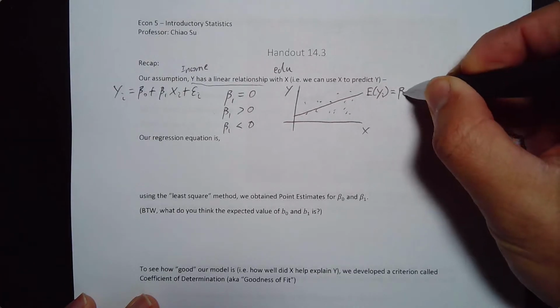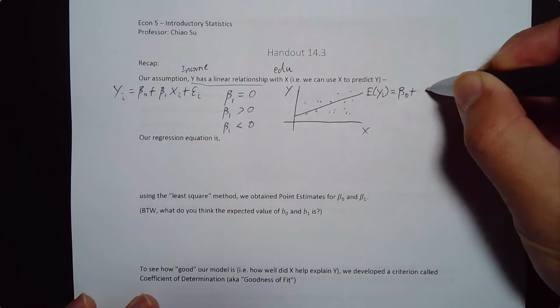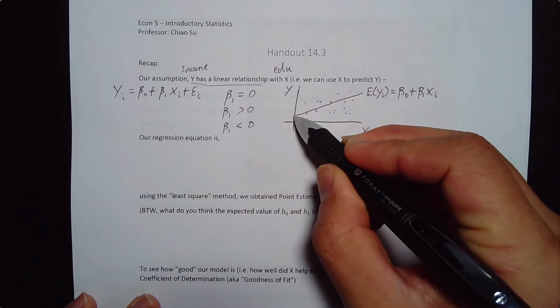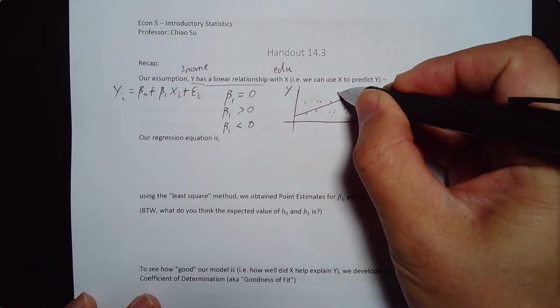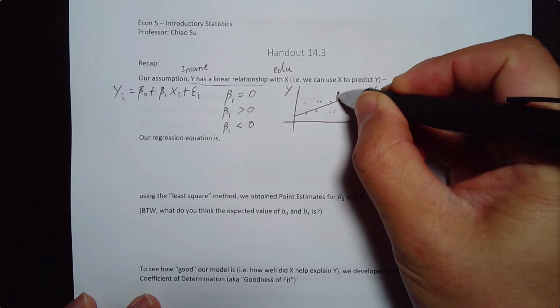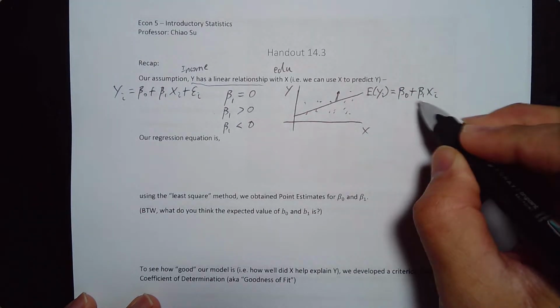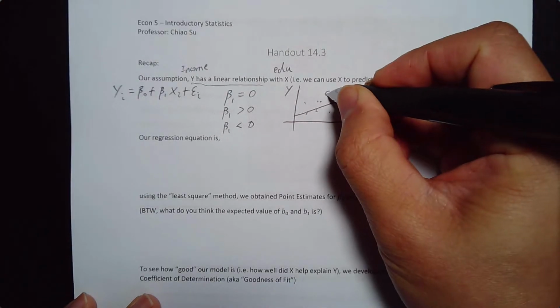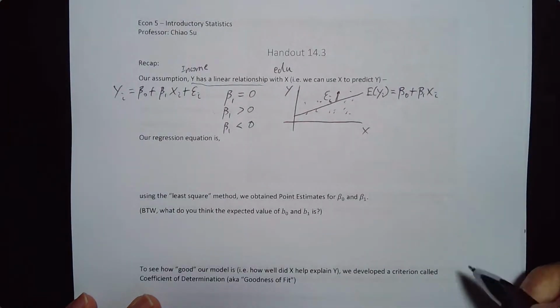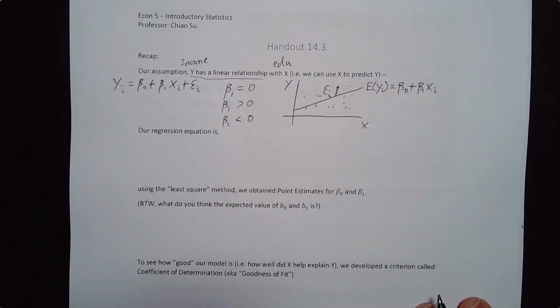This is beta naught plus beta 1 xi, so no epsilon. The difference between the observation and this expected value, this regression equation, that's our epsilon. The idea to think about is that not everybody with the same education has the same income, so we have that error there.